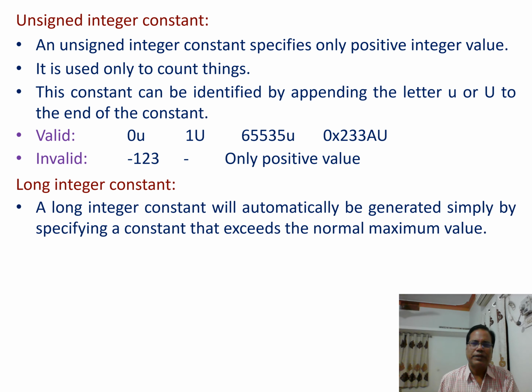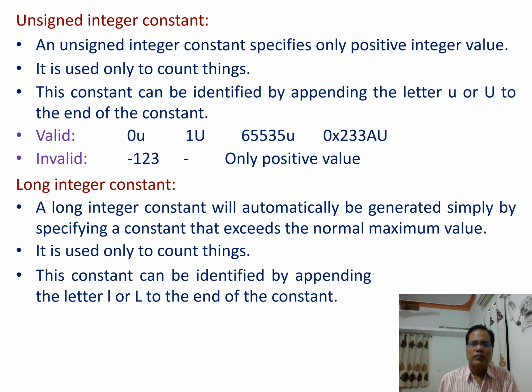Long integer constant. A long integer constant will automatically be generated simply by specifying a constant that exceeds the normal maximum value. It is used only to count things. This constant can be identified by appending the letter, either lowercase l or uppercase L, to the end of the constant.